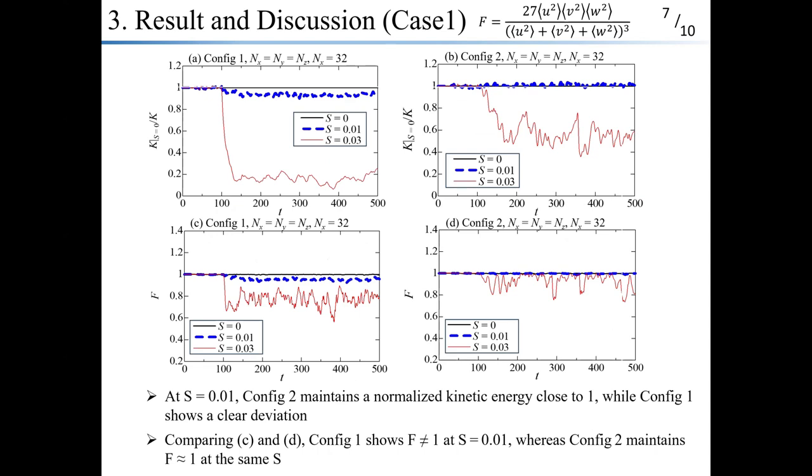Figures A and B present normalized turbulent kinetic energy with a grid resolution of 32 points per 2 pi in all directions, normalized by the zero acceleration case value equal to 1.